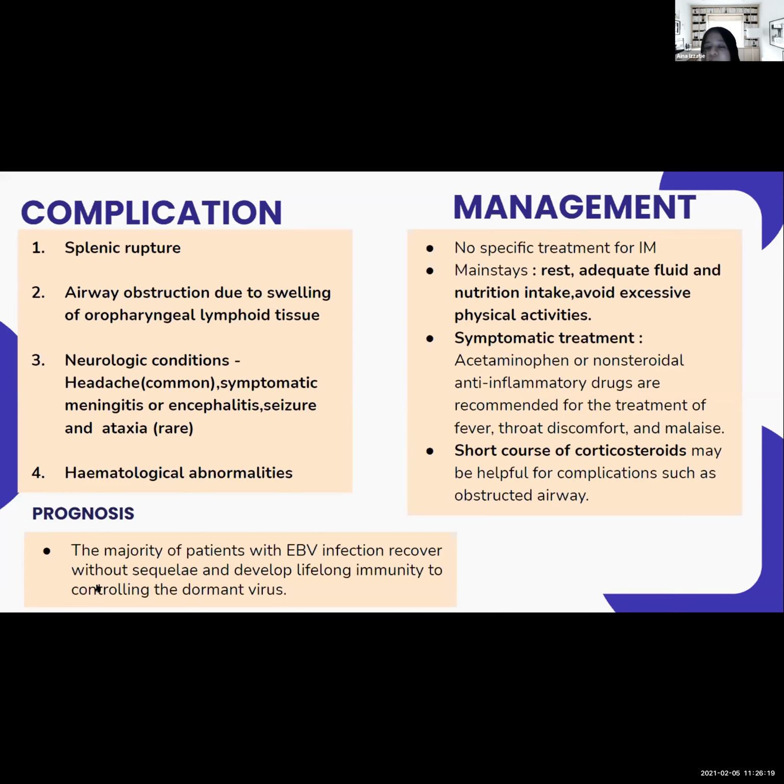And we can give symptomatic treatment, including NSAIDs and acetaminophen for symptoms such as fever and sore throat. And also a short course of corticosteroids may be helpful in patients with complications such as obstructed airway. And for prognosis, the majority of patients recover without sequelae and will develop lifelong immunity to control the dormant virus.